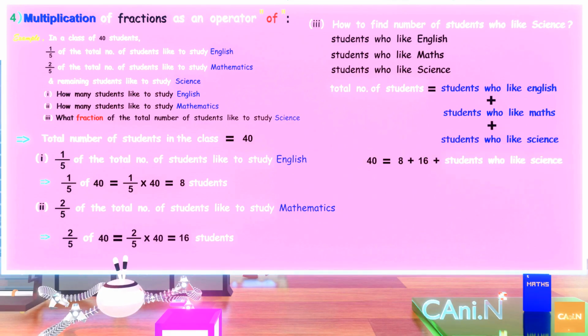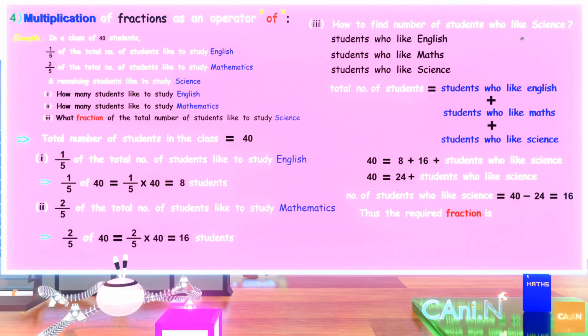So, 40 equals 8 plus 16 plus students who like science. 40 equals 24 plus students who like science. Therefore, students who like science equals 40 minus 24 equals 16. Thus, the required fraction of students who like to study science is 16 out of 40 students.